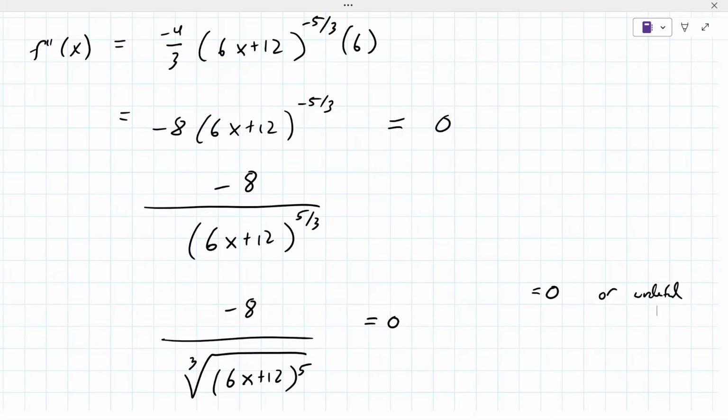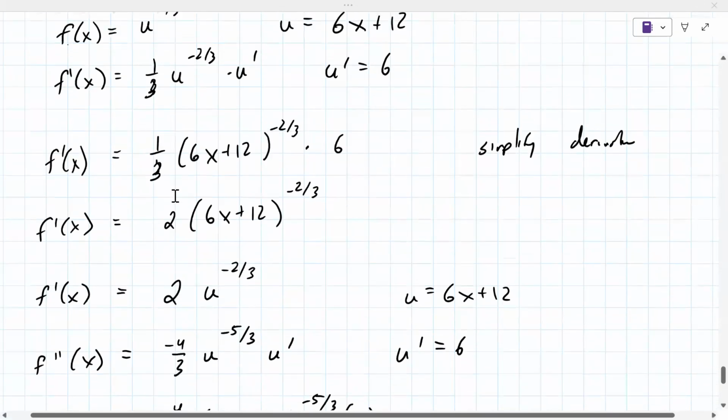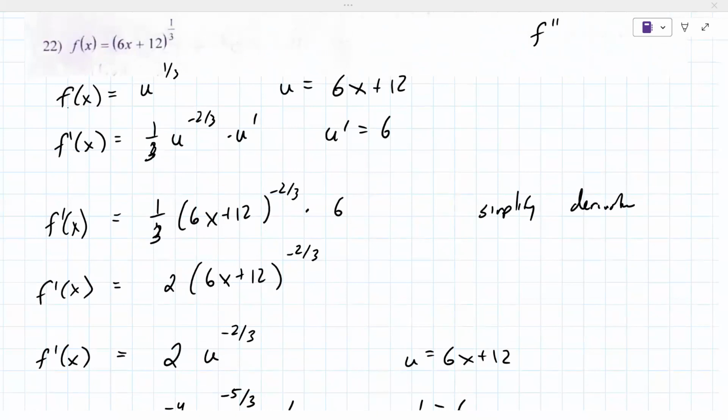And if you have no idea what I'm talking about, which I totally understand, I'm going to quickly do a sketch of this. Sketch really helps.